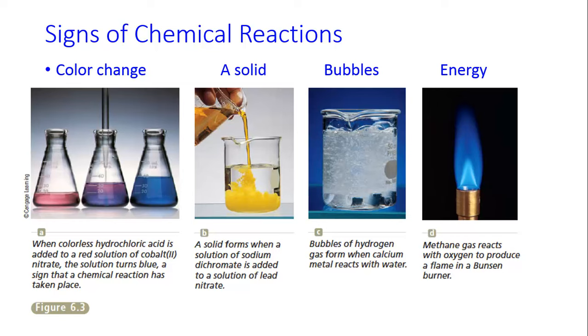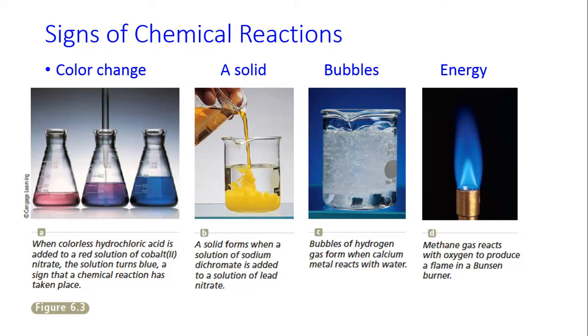That is another sign of a chemical reaction. Bubbles. Seeing bubbles tells you that a chemical reaction happened. And energy. When energy is released during a chemical reaction, quite often you'll get light and heat. And that is a sign of a chemical reaction.